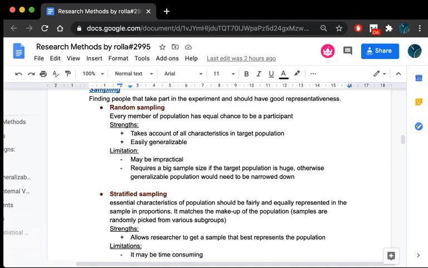However, the thing with this is that it also needs a big sample size if the target population is huge. Especially if the target population varies a lot, let's just say city people.